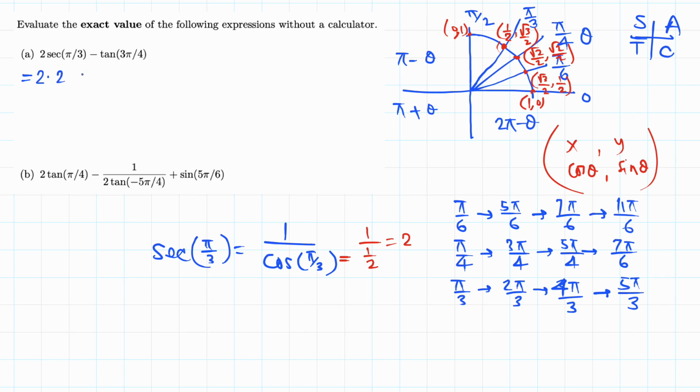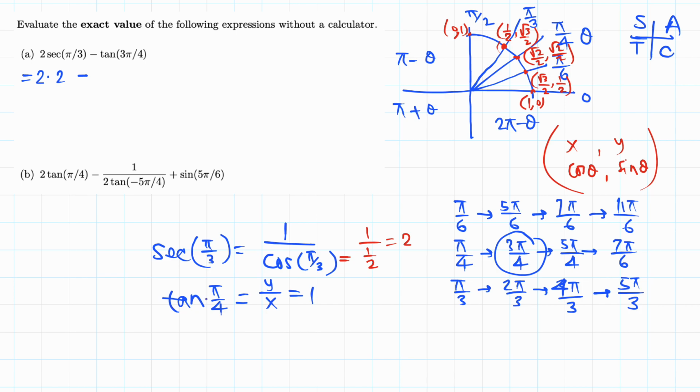It's 4. Minus tangent 3 pi over 4. 3 pi over 4 is related to tangent pi over 4, and we don't have a value for it. Let's find tangent pi over 4. Tangent is sine over cosine, y value over x value. So for pi over 4, they are the same, root 2 over 2 over root 2 over 2, so simply 1.